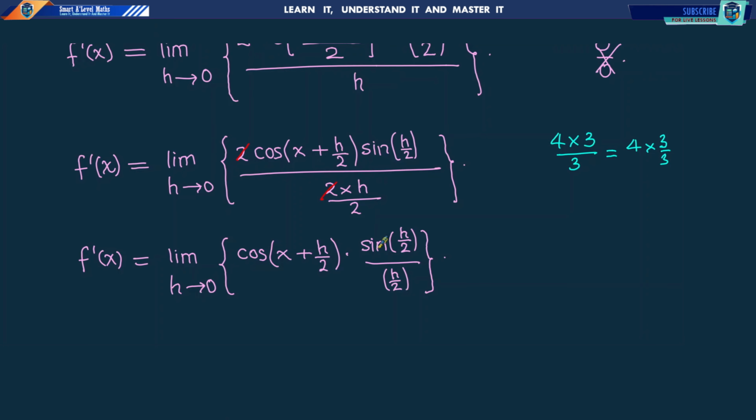At this point, since we have sine here for this term, we may use the approximation of radians. Sine of small angles always approximates to their angles.